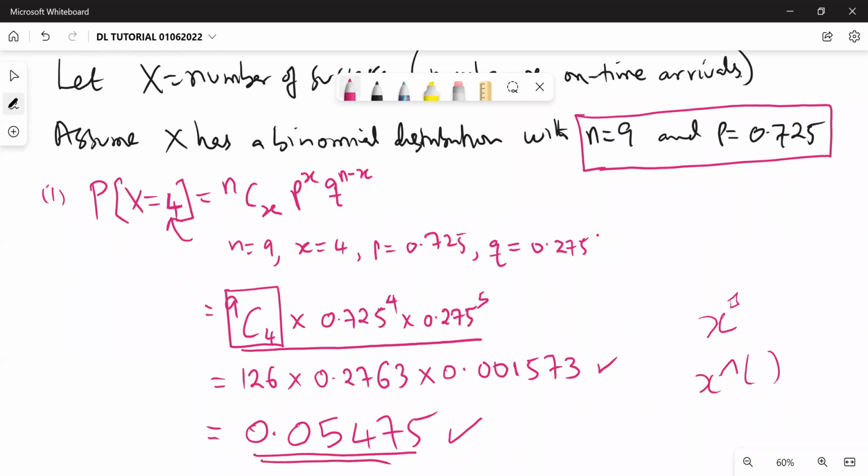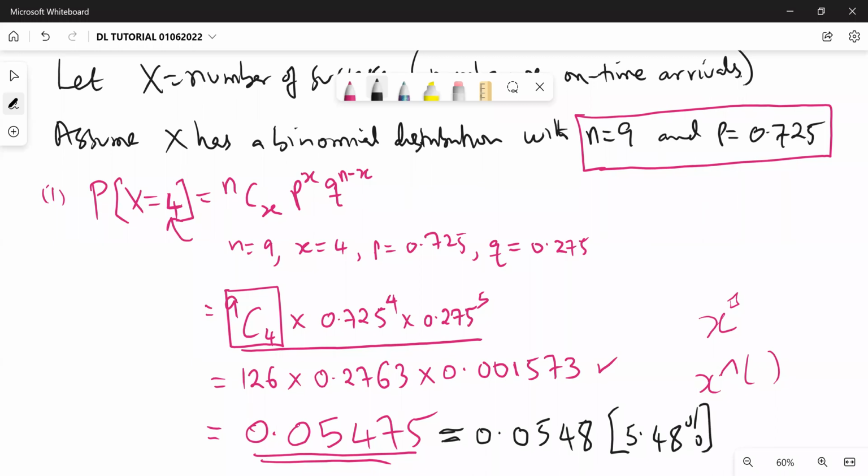We always prefer to write down the probability value to 4 decimal places. So we can say this is approximately 0.0548. Because sometimes you may want to report it as a percentage, which would be 5.48%.